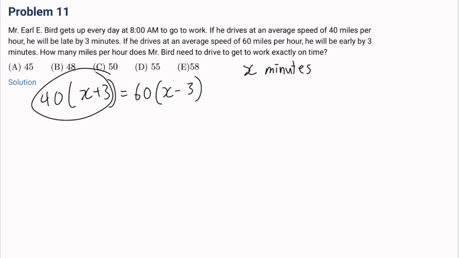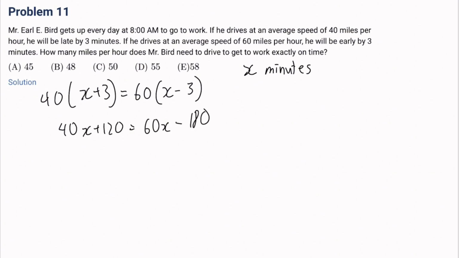Because this is getting there late and this is getting there early, right? And so if we expand, 40x plus 120 equals 60x minus 180, and so that gives us 300 equals 20x. And so x equals 15, so he needs to get there in 15 minutes, right?